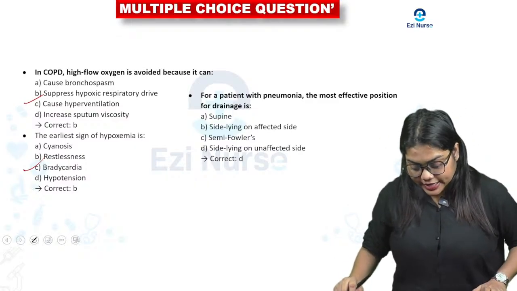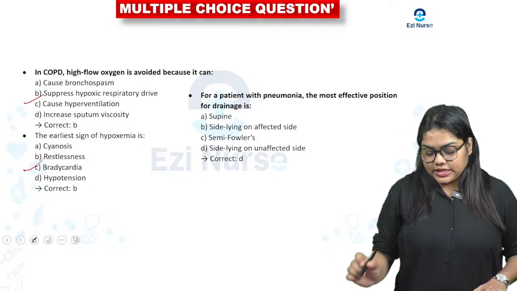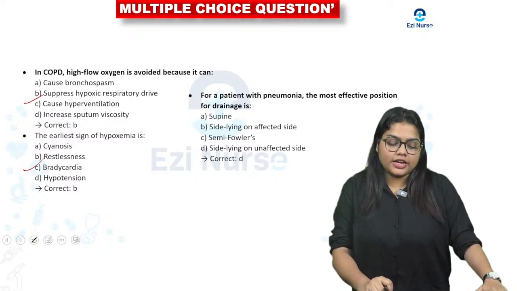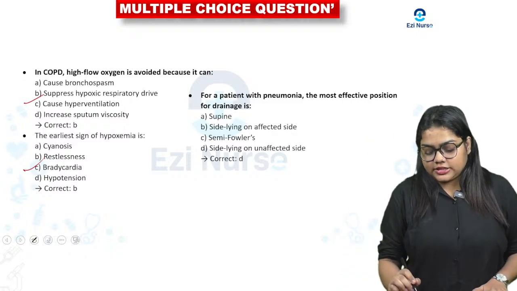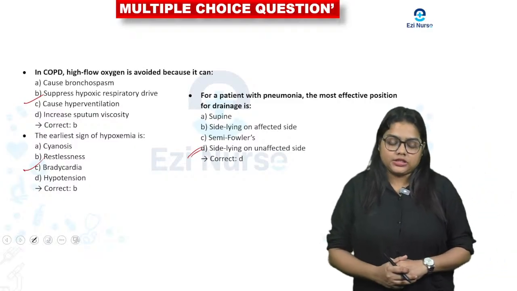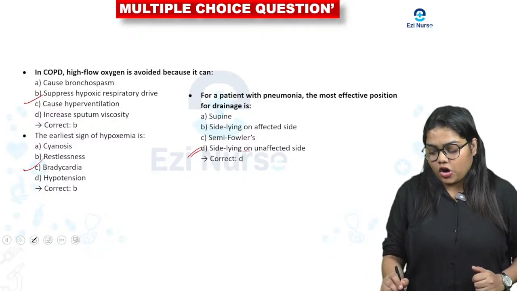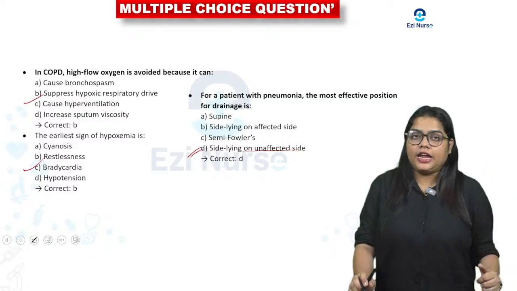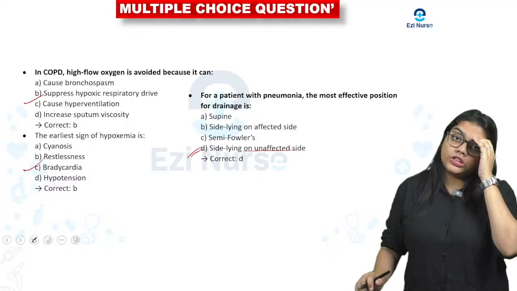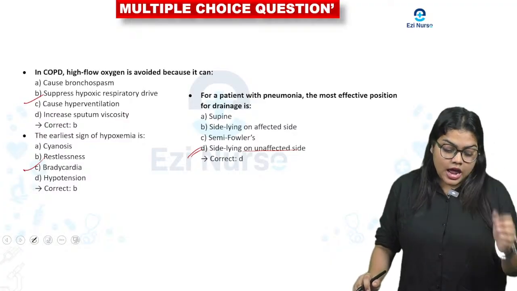The options are supine, side lying on the affected side, semi-Fowler's, and side lying on the unaffected side. The correct answer is option D. This question sometimes comes as a fill in the blanks also, so remember, side lying on the unaffected side is the safest position for a patient with pneumonia who is going through drainage.